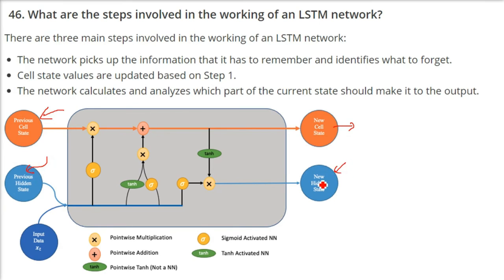So you have the input data. We have pointwise multiplication, pointwise addition. Also we have some tanh functions and sigmoid functions. These are the activation functions giving you a certain value, whether the neuron will be activated or not.